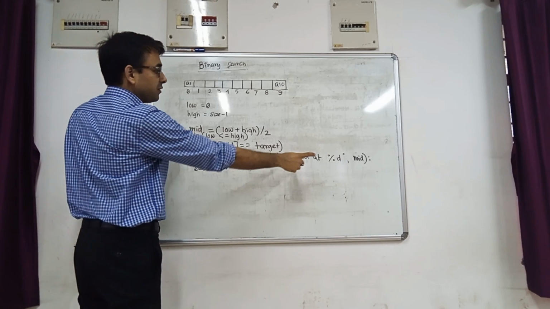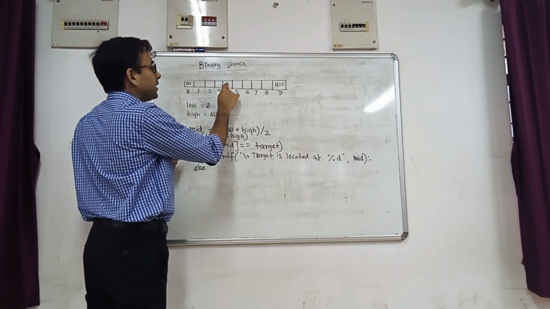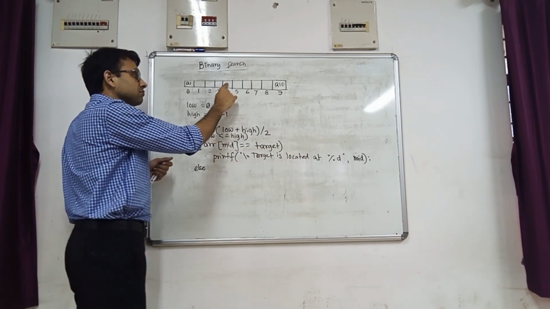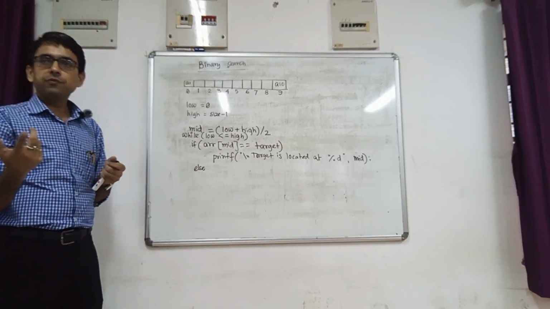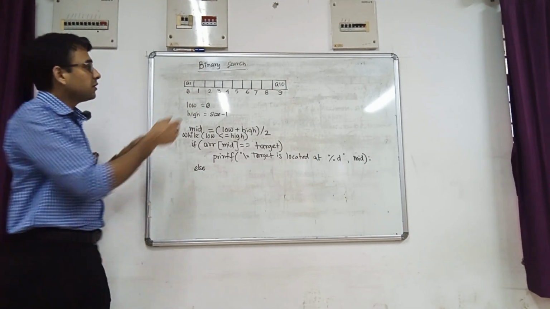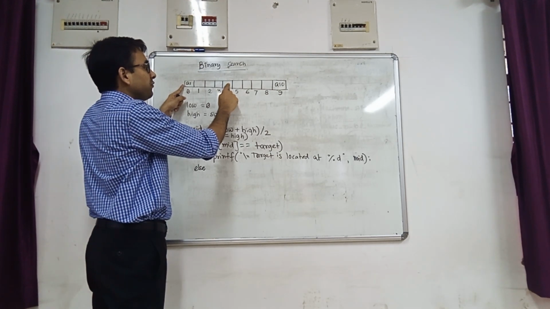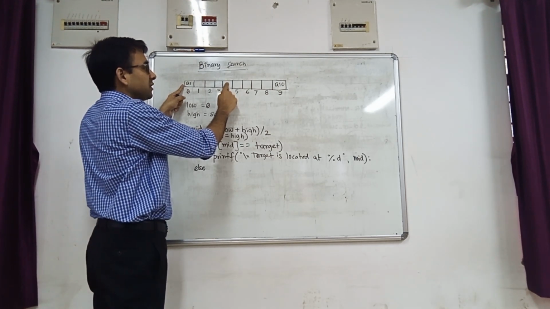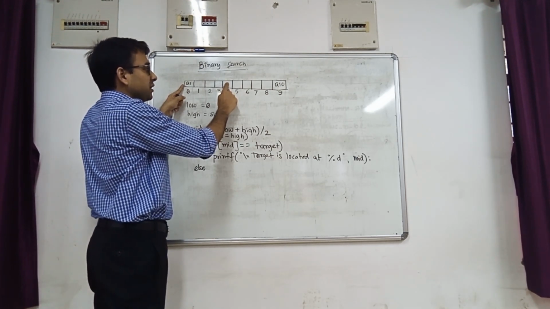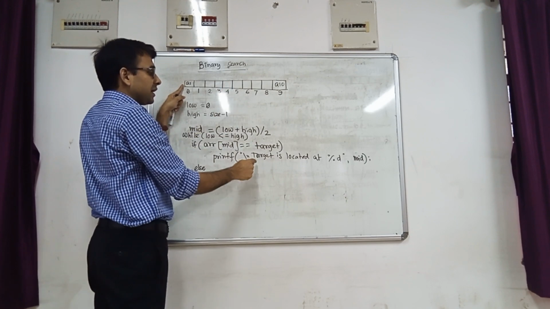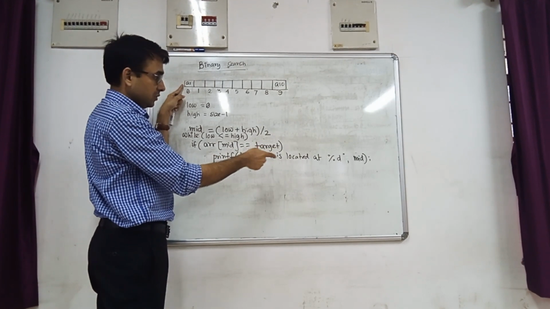So what is that value? Mid means 4. It will match, but that is very rare, right? So what we will do, if that is not matching, then we will check whether the target is more than that mid value, right?